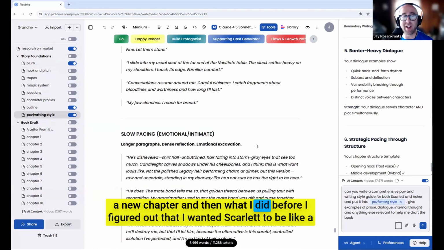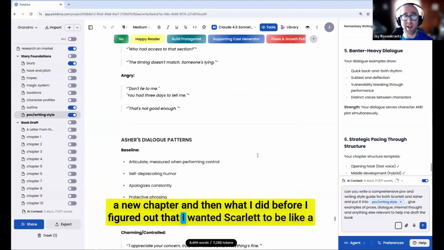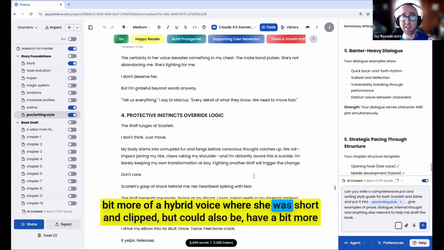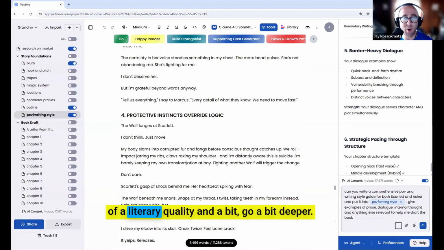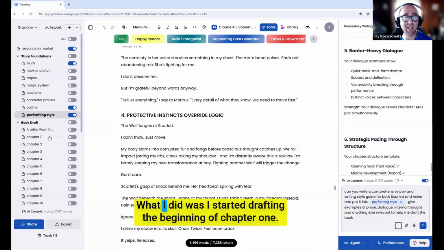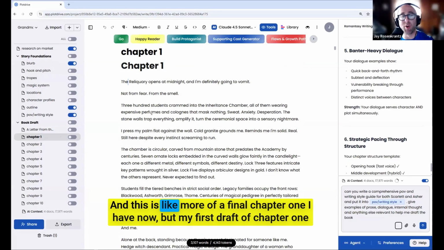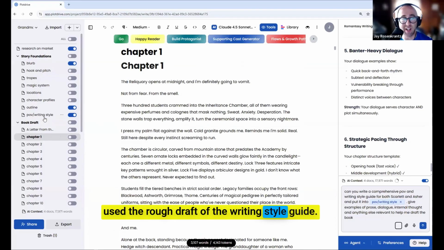Then, before I figured out that I wanted Scarlett to have a bit more of a hybrid voice, where she was short and clipped but could also have a bit more literary quality and go a bit deeper, I started drafting at the beginning of chapter 1. This is more of a final chapter 1 I have now, but my first draft of chapter 1 used the rough draft of the writing style guide.